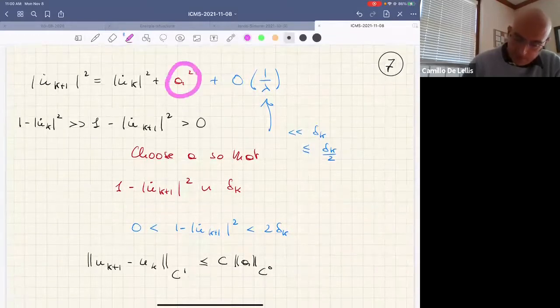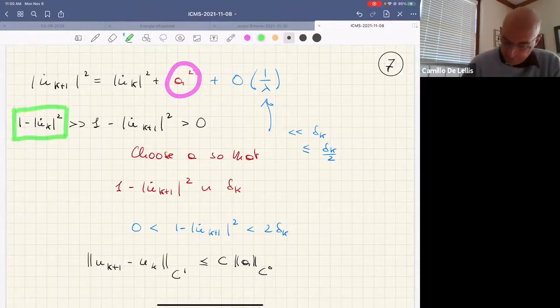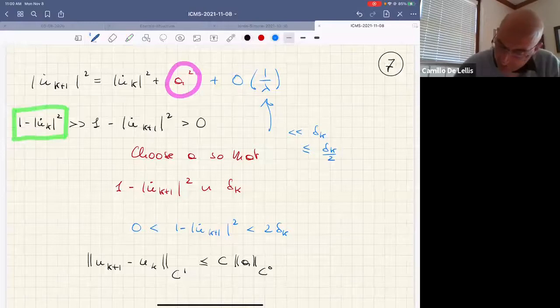Well, this factor A is essentially as big as 1 minus u dot k squared, so certainly it's not going to exceed this quantity over here. Maybe just to be consistent, let me say that this one is delta k plus 1, so that you have k plus 1 and k plus 1, and they match.